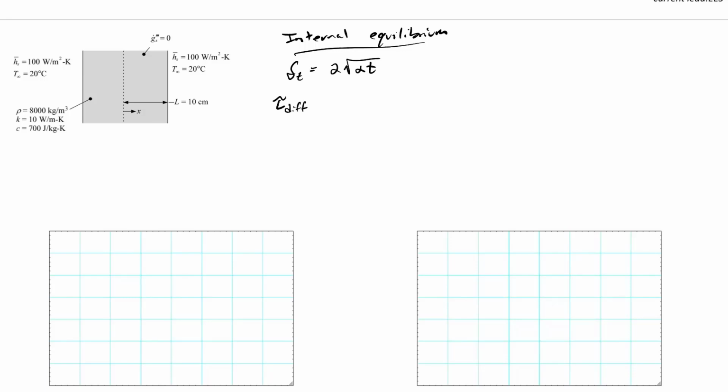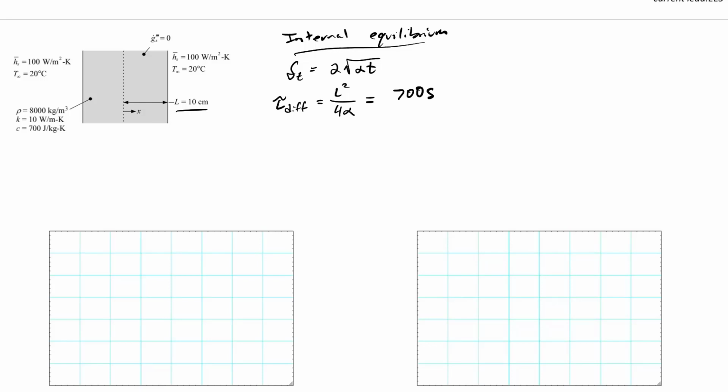You'll see this both as tau diffuse and tau internal, by the way. It is equal to L squared divided by 4 times alpha. I think we're given k, rho, and c in this. If you do the calculation, it ends up being 700 seconds.